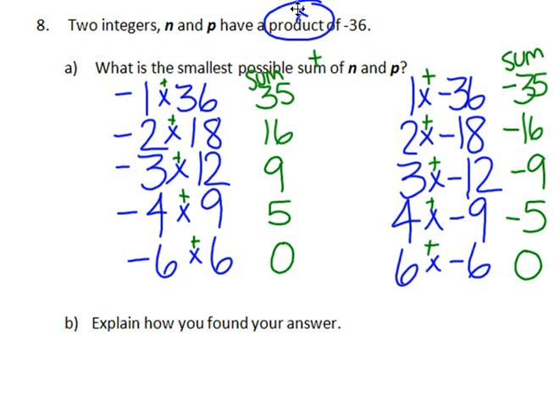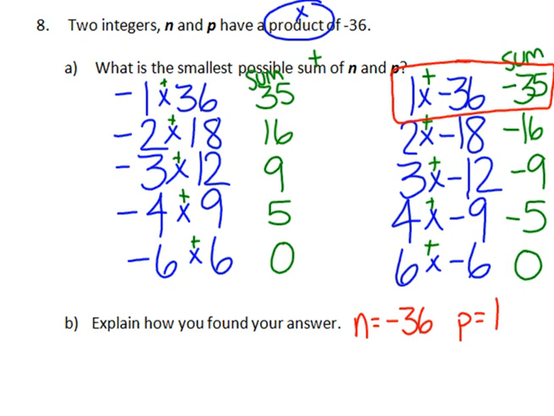Okay, and we are looking for the smallest possible sum. So the number that would be furthest to the left would be negative 35. So we could say that n is negative 36 and p is 1. So the negative number is negative 36, the positive number is 1.